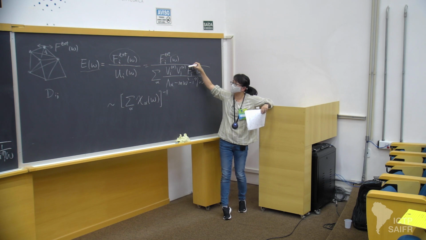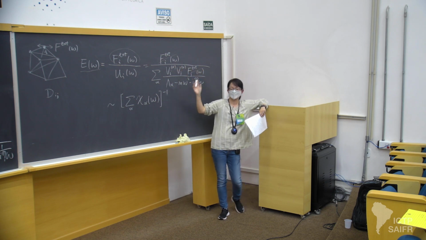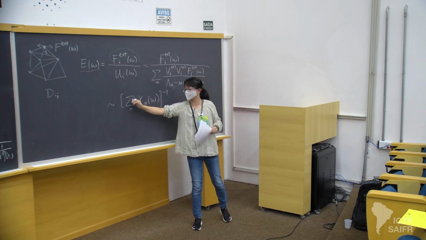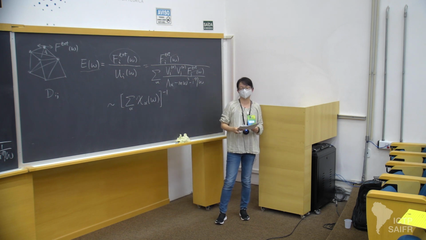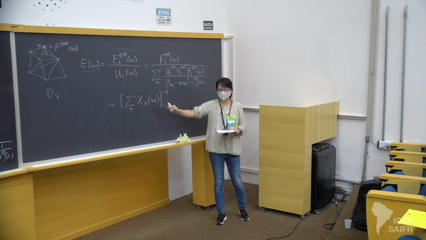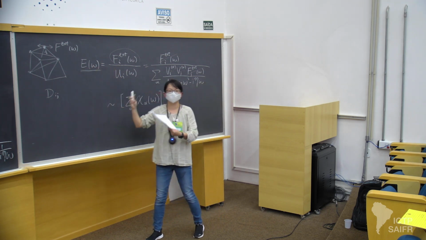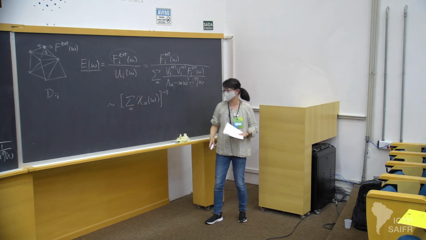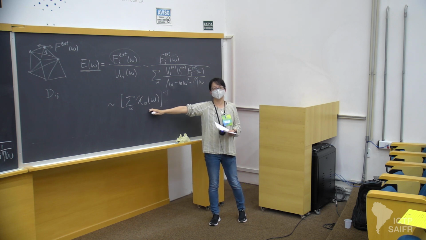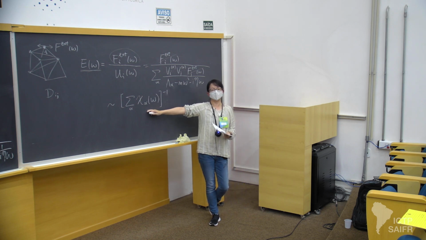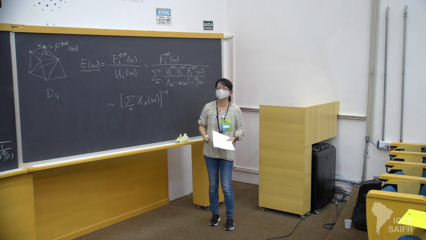Here I ignored the projection into the modes. It actually should go into the prefactor here. But basically, the effective elastic moduli in this simple thought experiment comes from the contribution of all of the modes added up. Okay? Yes?